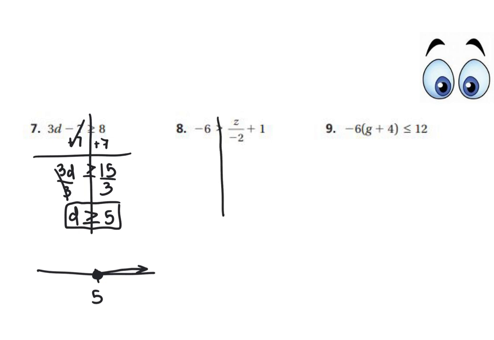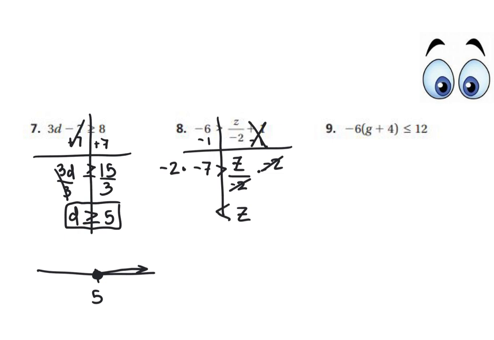For number 2, we'll undo addition first by taking away 1 from both sides. Plus 1 and minus 1 cancel, so we have Z divided by -2, and we have -7 now on the left. We'll multiply both sides by -2. -2 divided by -2 is 1, so we're just left with Z, but we did multiply by a negative, so we're going to flip that symbol.